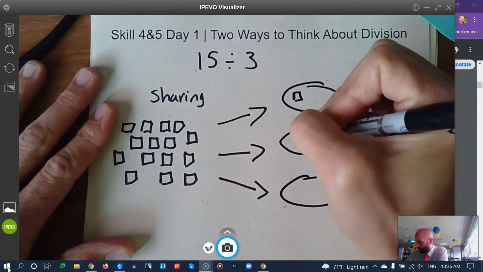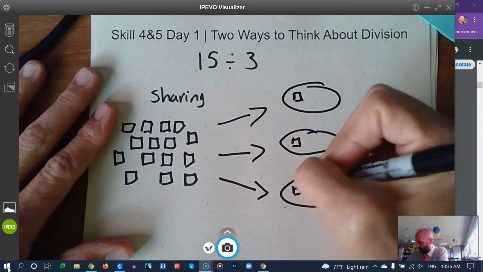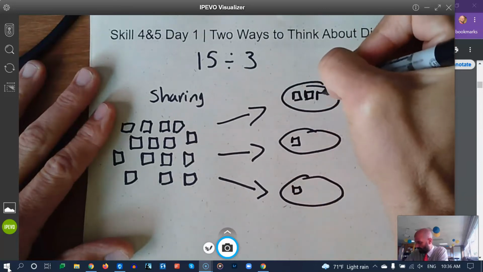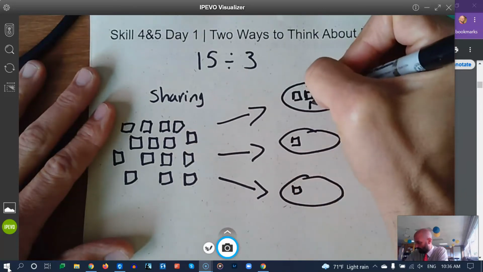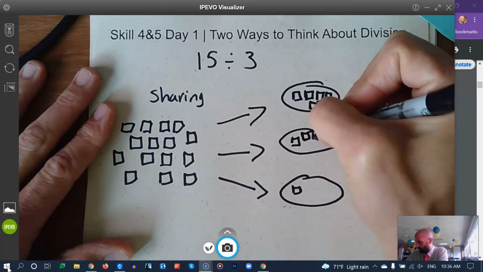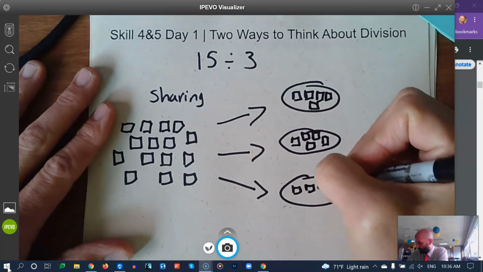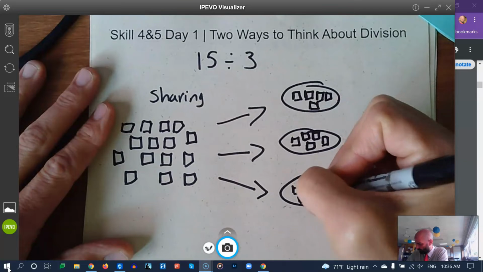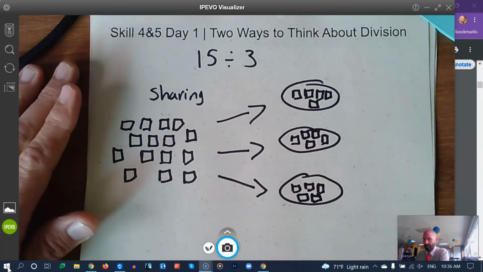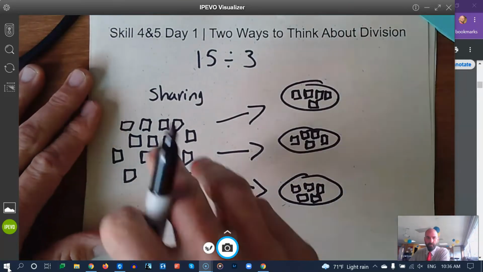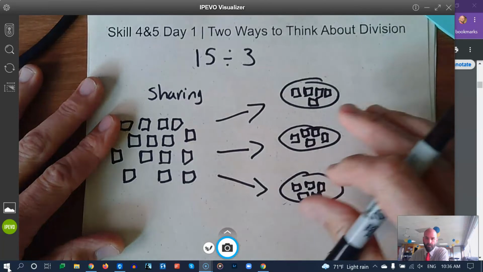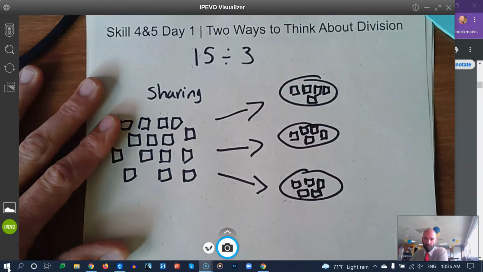Well, I'm going to have 5 of each, or I should say 5 in each circle. Okay, so that's one way that we can think about this. We take this whole, we're going to divide it and share it amongst 3 different things.